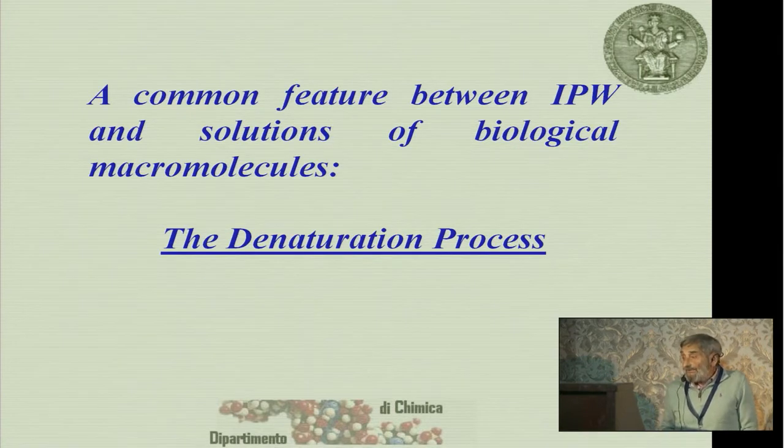A common feature between IPW and solutions of biological macromolecules is the denaturation process. It is common knowledge that a biological macromolecule, a protein for instance, can exist in the native state or in a denatured state. In the native state, it can carry out its biological activity in biological systems.